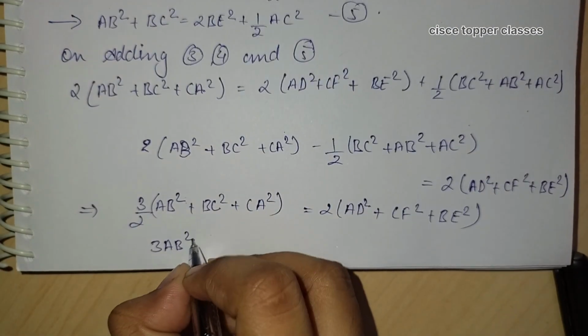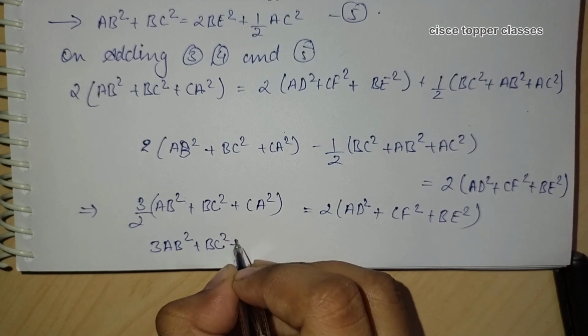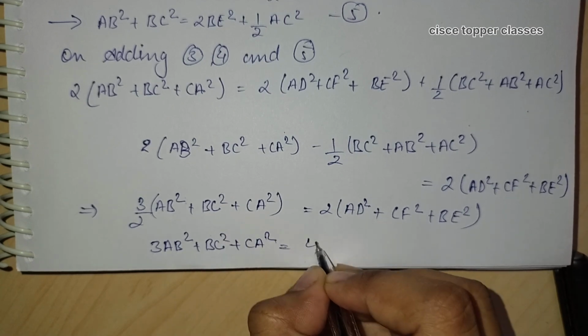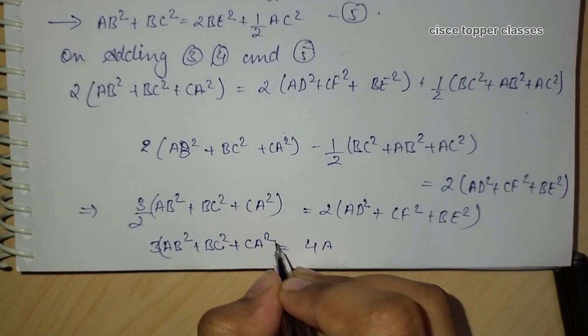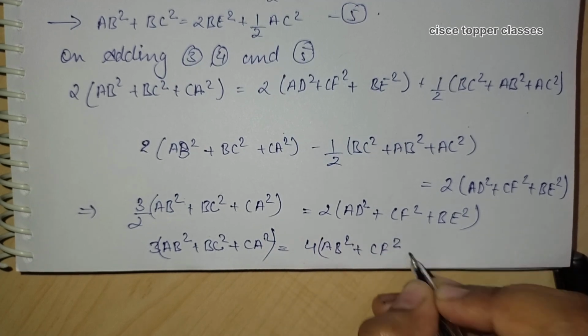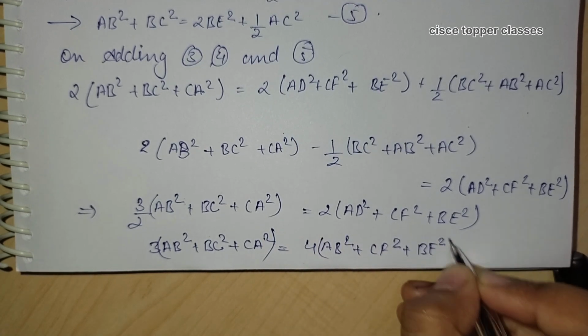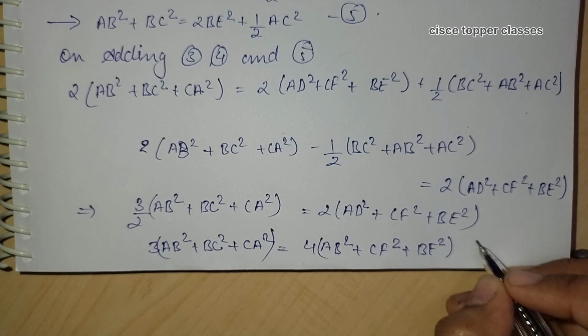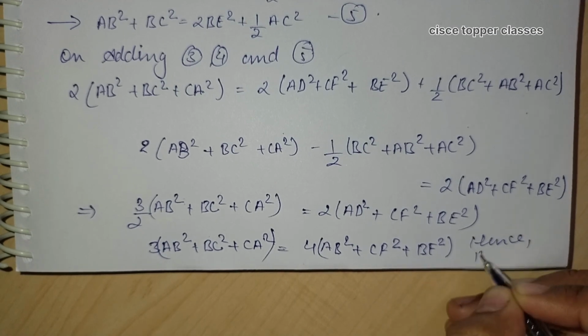Simply we can write it again: 3 times AB square plus BC square plus CA square is equal to 4 times this whole bracket, AD square plus CF square plus BE square. This is the only thing which we have to prove in this question. So hence proved.